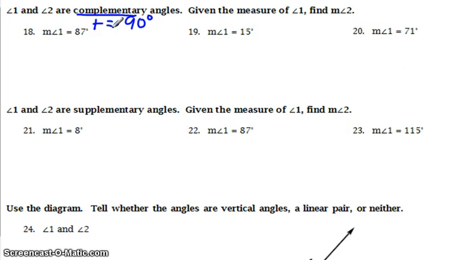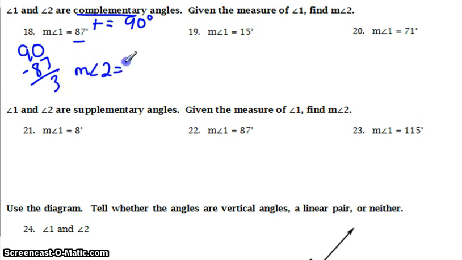If angle 1 is 87 degrees, I would subtract 87 from 90, and that leaves me with 3. So angle 2 can only have a measure of 3 degrees, because angle 1 and angle 2 must add to equal 90.